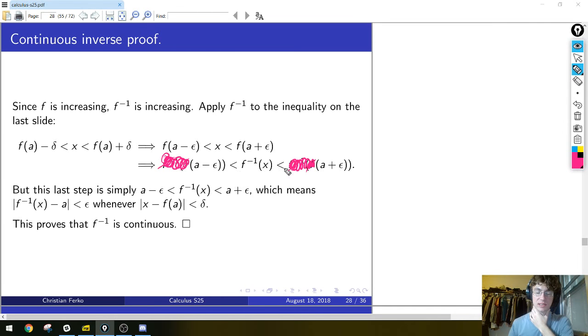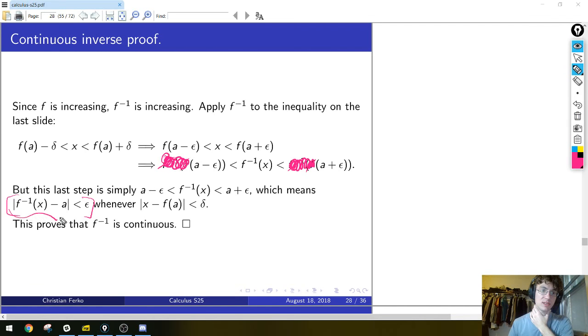That gives us exactly what we wanted to prove, because what we're left with is a minus epsilon is less than f inverse of x is less than a plus epsilon. I'll rewrite that in absolute value notation: the absolute value of f inverse of x minus a is less than epsilon.